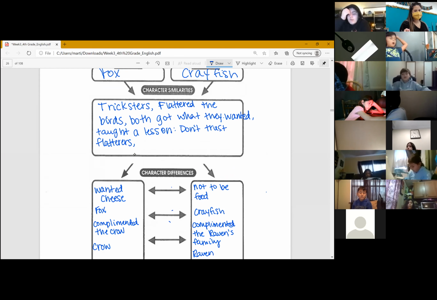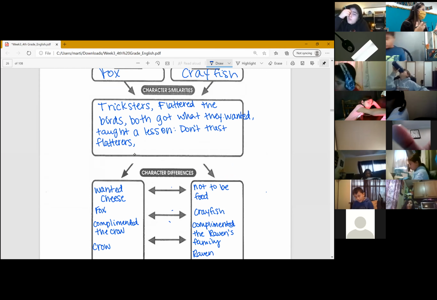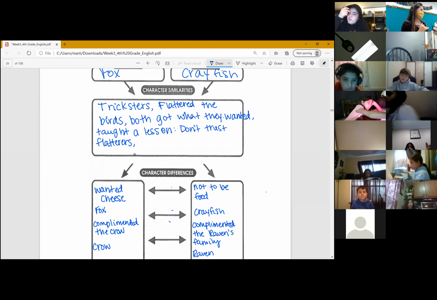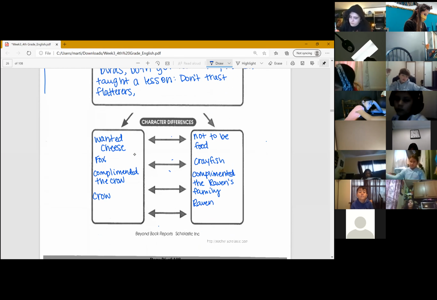What did the fox want? Cheese. What did the crayfish want? He just wanted to be free, right? Did he want some food or something? No. So I would think one's more selfish than the other, right? Y'all think so? Let me write that down.